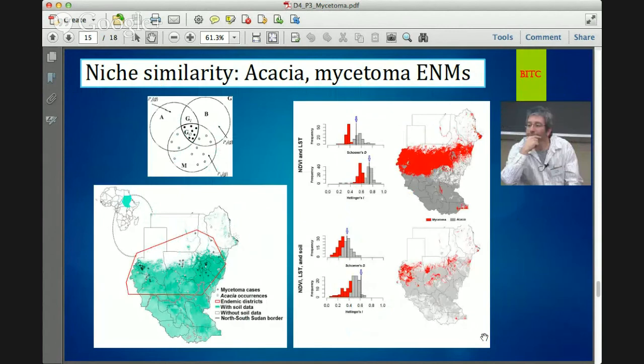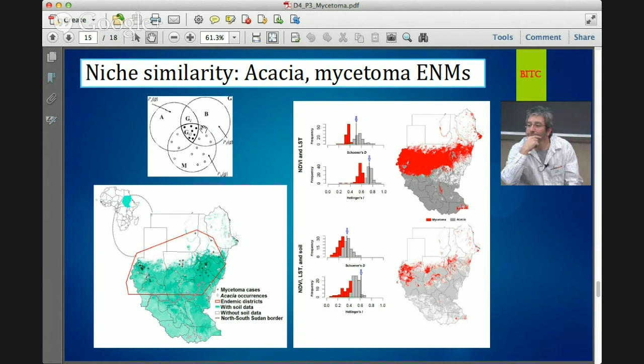Later on, as I referred to in my objective slide, we are interested in doing a niche similarity test between Acacia and Mycetoma, to see if the ecological niches of both are similar or different. But don't forget about determining an M value, which is very critical in the background similarity test.